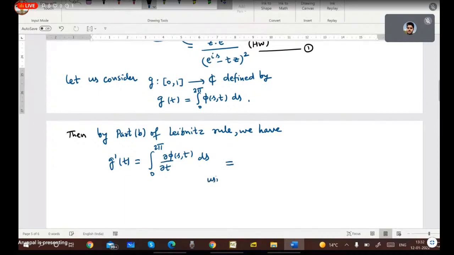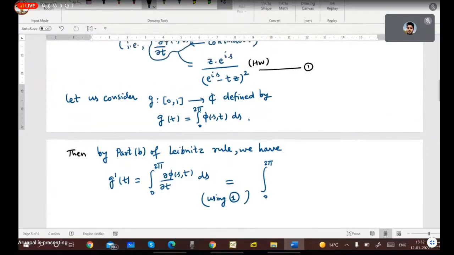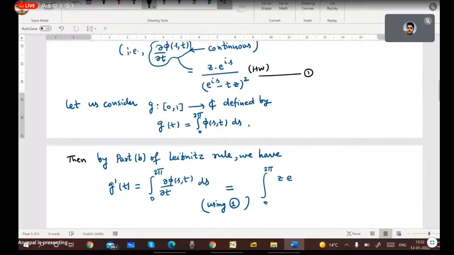And now class, using 1, this will be nothing but the integral from 0 to 2 pi of the partial derivative, which was z e^(is) divided by (e^(is) minus tz) squared, ds. Is this okay, class? Let me call it number 2.